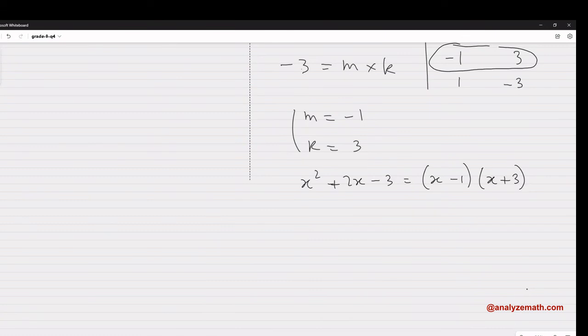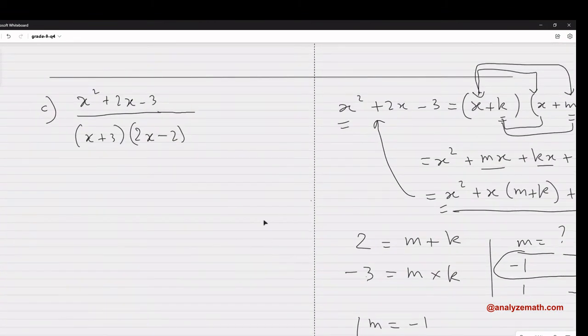Let's check. x multiplied by x gives me my x². x multiplied by 3 gives me plus 3x. And then this gives me minus x, that gives me my 2x, good. And then negative 1 by 3 gives me negative 3. Everything seems to be good.